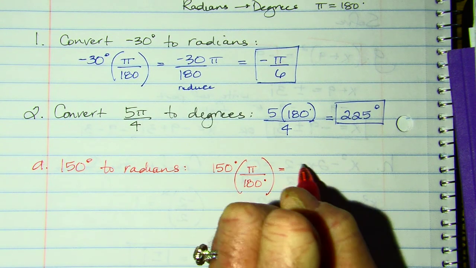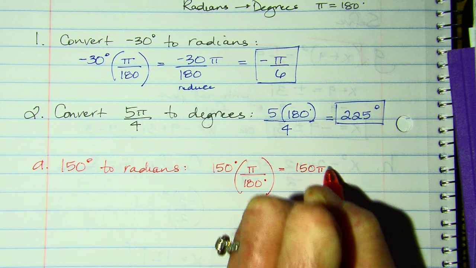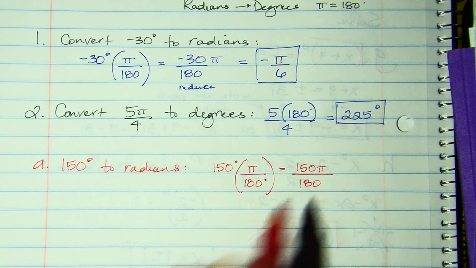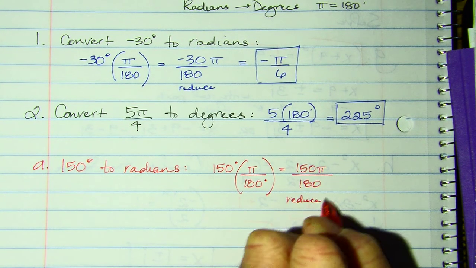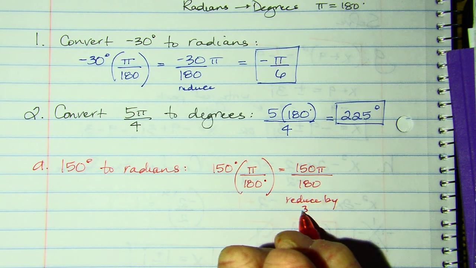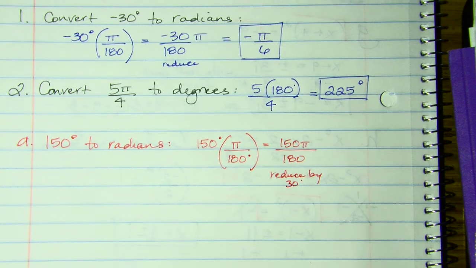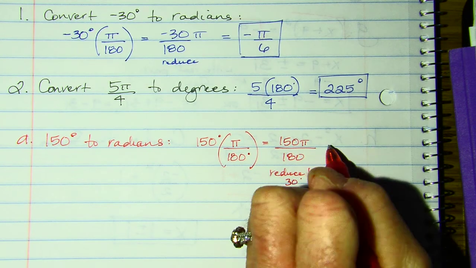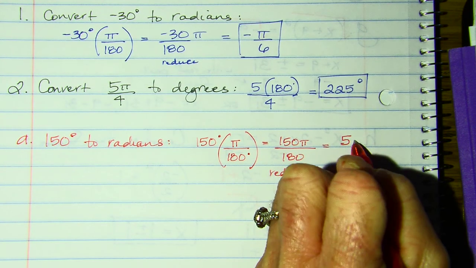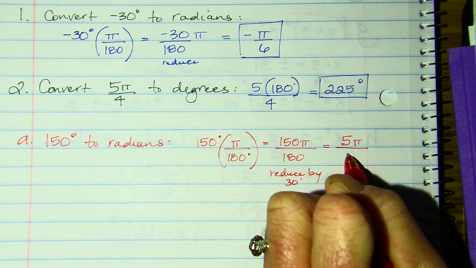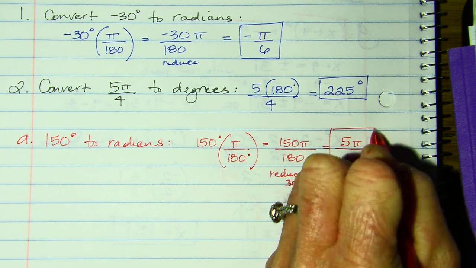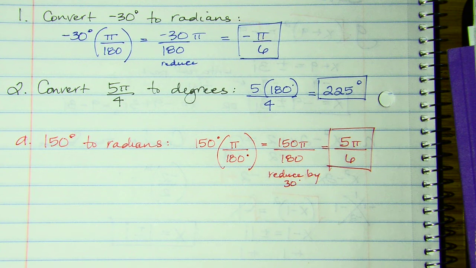Now I'm going to rewrite that. That's 150 pi over 180. And I'm going to reduce by 30. 150 divided by 30 is 5 pi, and 180 divided by 30 is 6. So my answer is 5/6 pi radians.